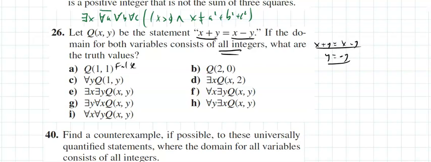B says, if x is 2, then y equals 0 is a solution. Well, yeah, that's right. 0 equals negative 0. That is true. Or you could say 2 plus 0 equals 2 minus 0. Doesn't really matter. But here, 1 plus 1 does not equal 1 minus 1. That's not true.